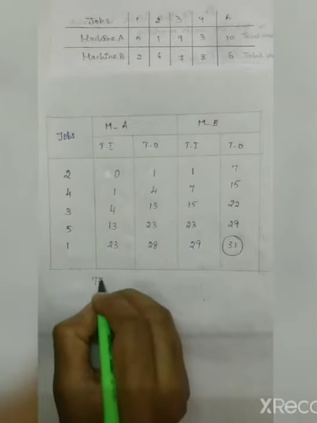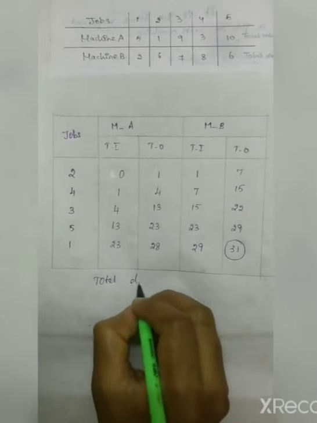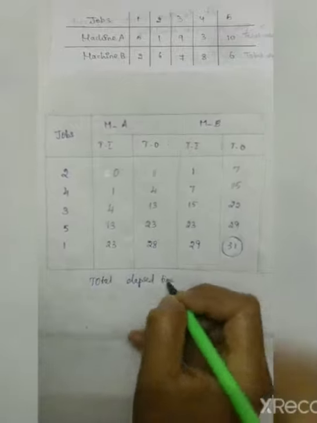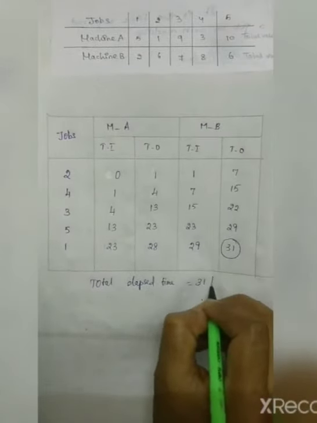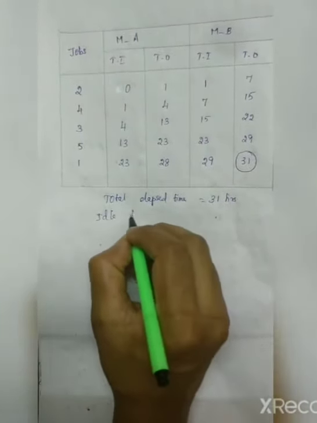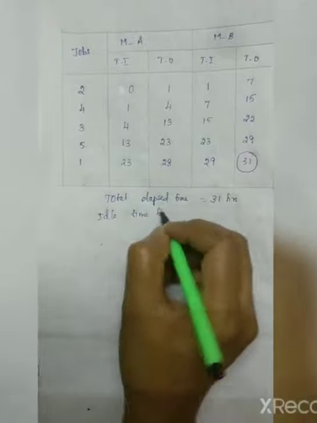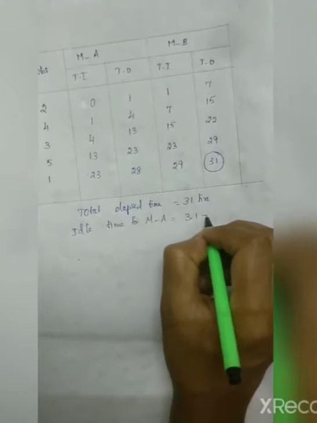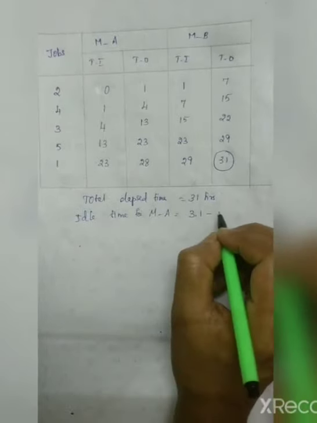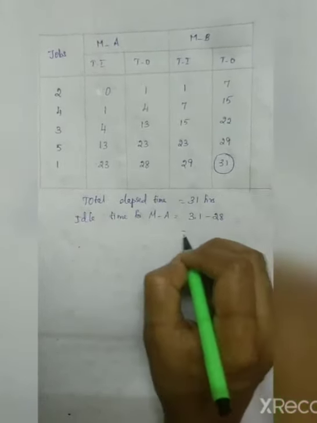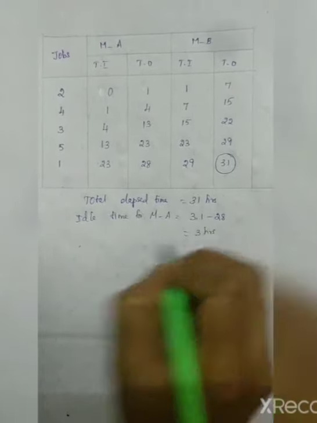Total elapsed time is 31 hours. Idle time for machine A is 31 minus the total processing time 28, therefore 3 hours.